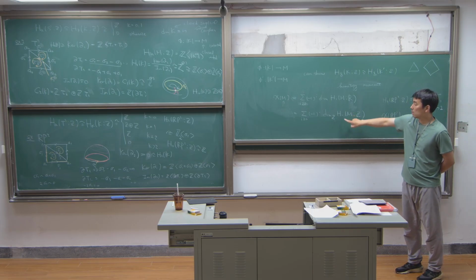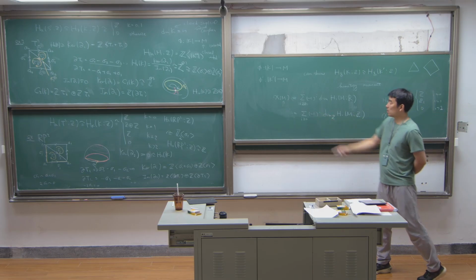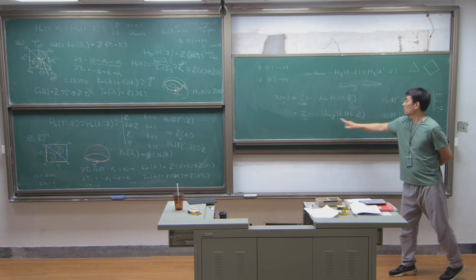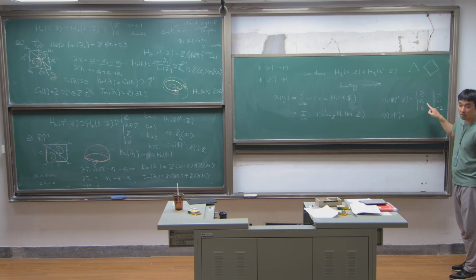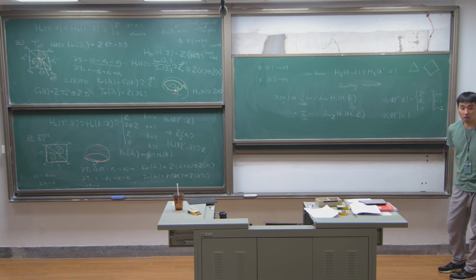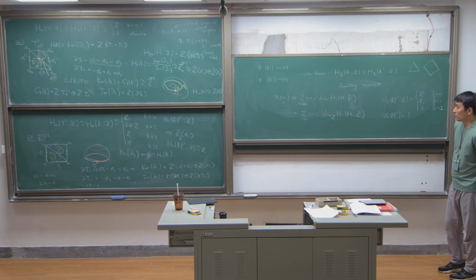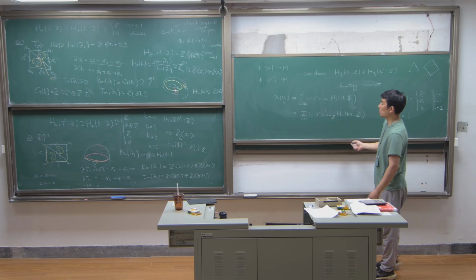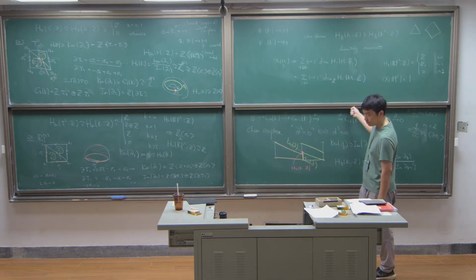The others you don't get any contribution, because the dimension of Z2 is 0. Therefore, this is equal to 1. So the Euler characteristic of RP2 is equal to 1. To compute H1 of RP2, that is homework, so I'm not going to say anything.